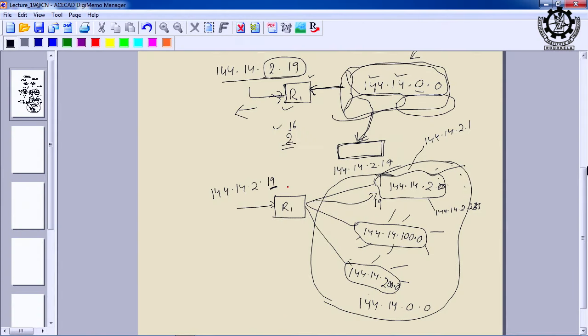Now, how does the router know that this address will be mapped to a subnetwork whose address is 144.14.2.0? Or, for the earlier network, when it comes to the router, how does the router know that this belongs to a network whose address is 144.14.0.0?